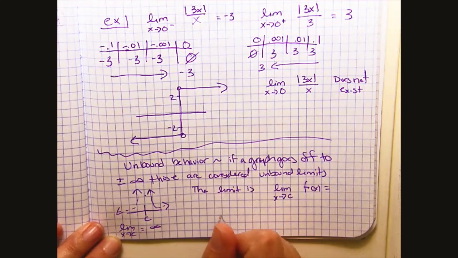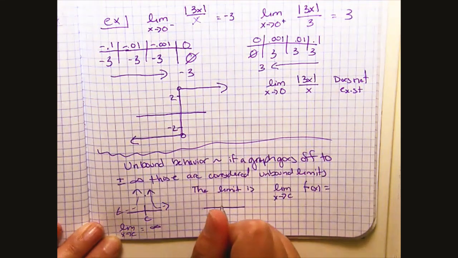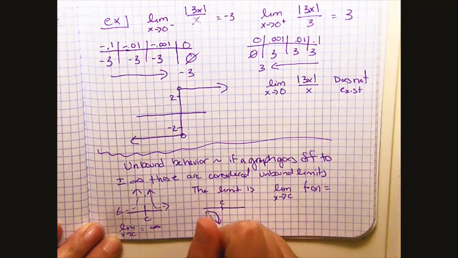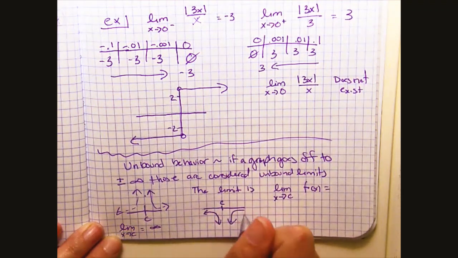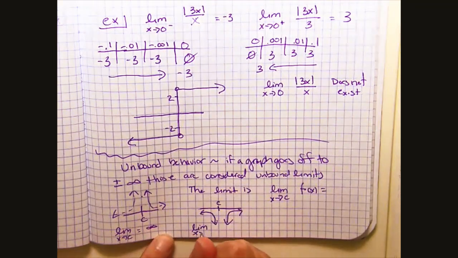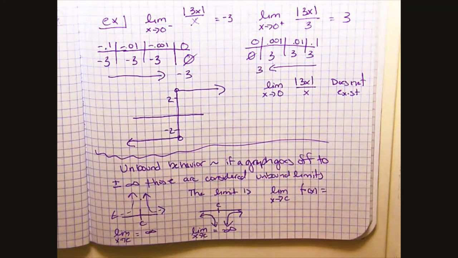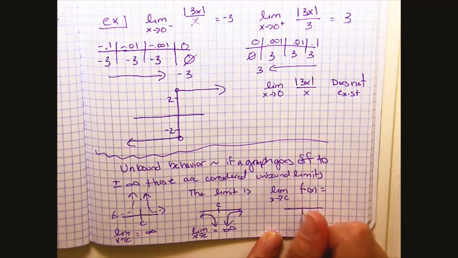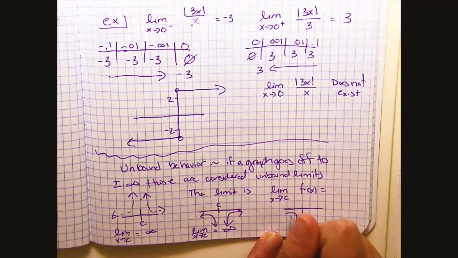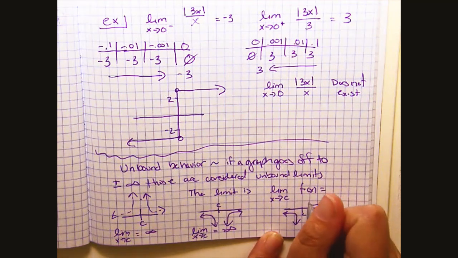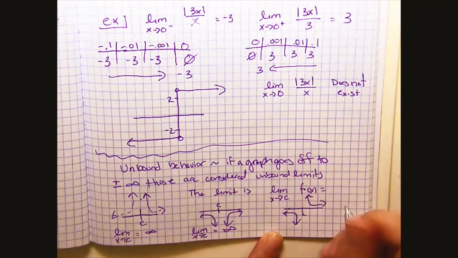And if this is C, and here we're going down, sure enough, we would say the limit as x is approaching C is negative infinity. And then finally, if this is C, and let's say this half is going here, and this half is going there, the limit as x is approaching C does not exist.